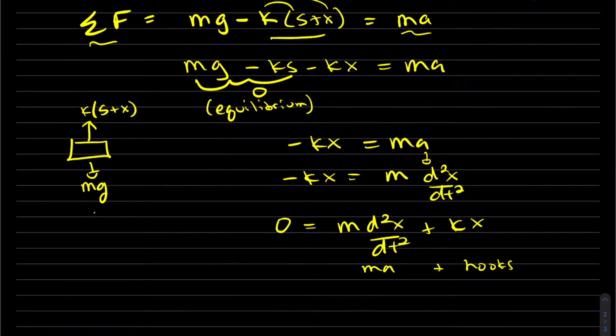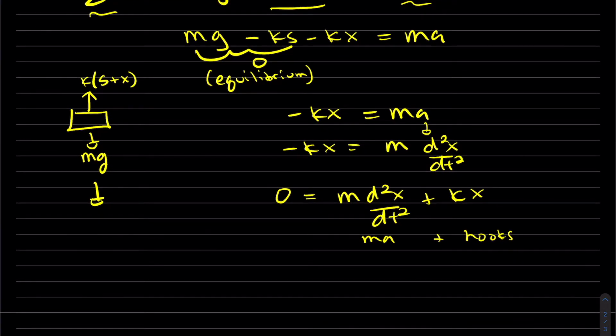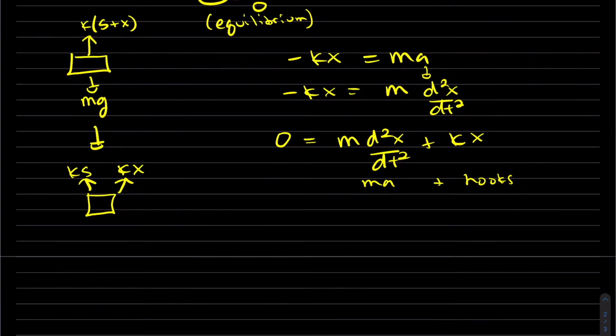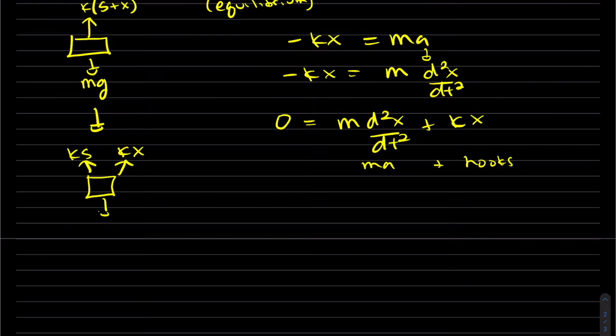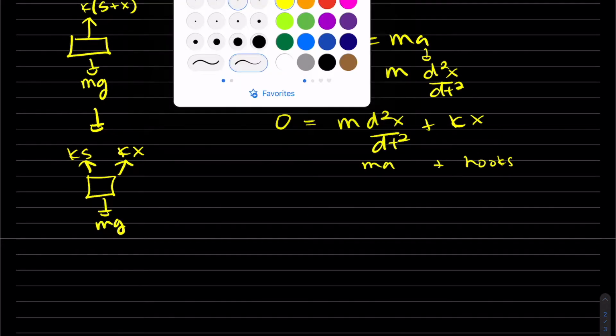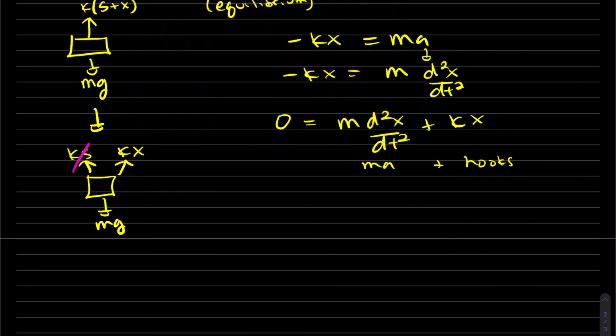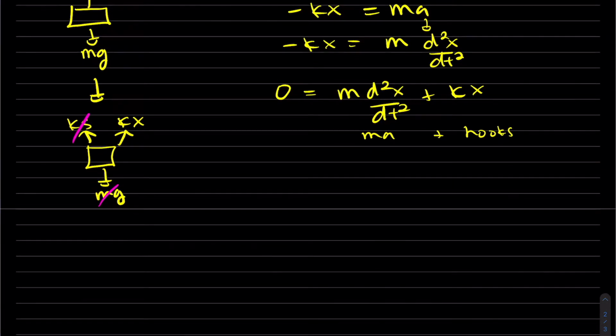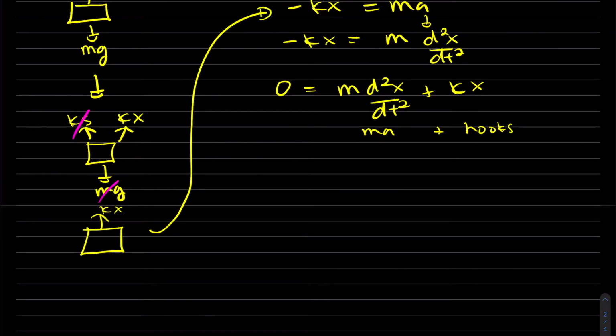And this can get cleaned up, still just distributing that. It's a sum, so we can look at it as two forces going up. And then we have mg here, but Ks and mg are equal. So the sum of the forces acting is Kx. And that's how we get that.